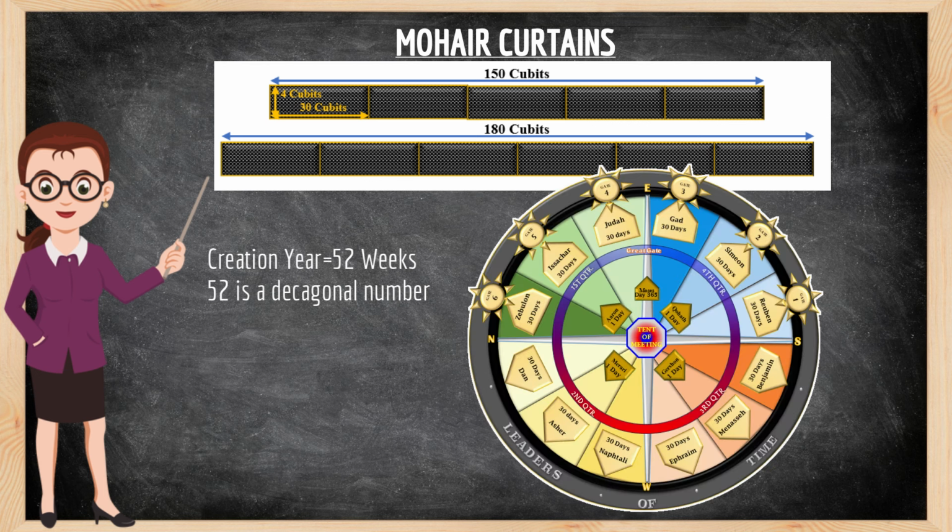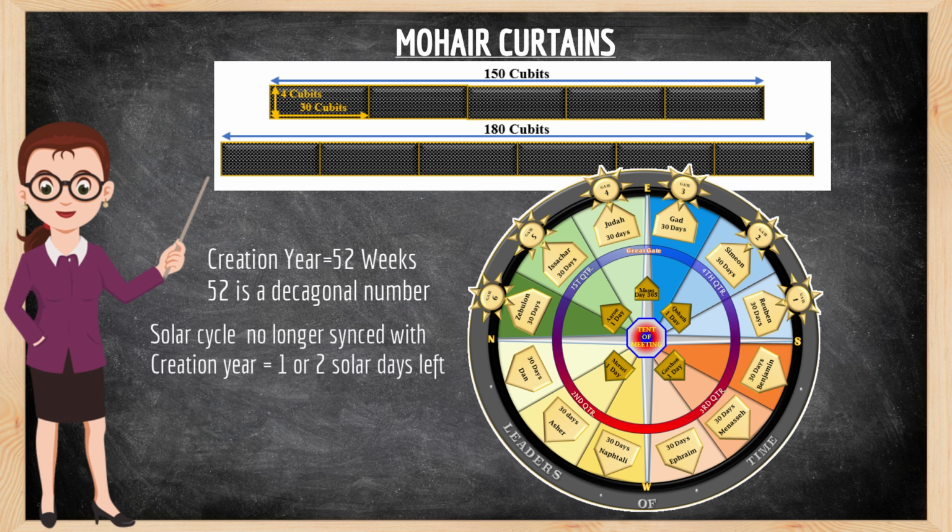The creation cycle ends after the 52nd Sabbath. The number 52 is a decagonal number. Now, due to the fact that the solar cycle is no longer synced with creation, we now have 1 or 2 solar days left after the creation cycle is completed.